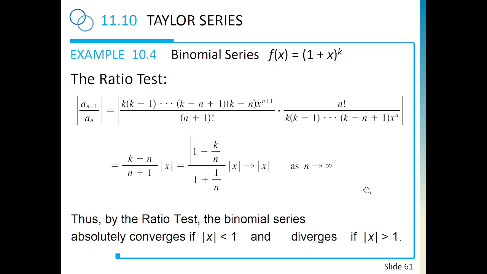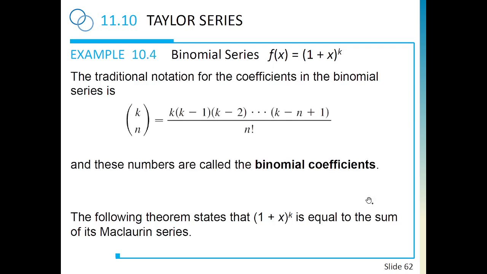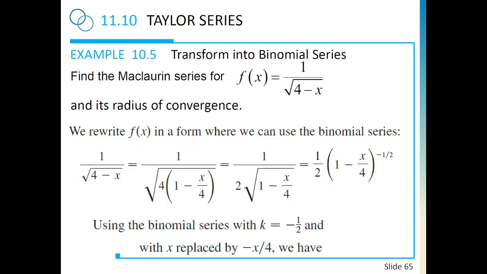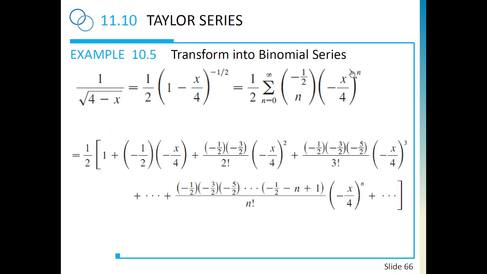You don't need to spend any more time on these binomial series. It can get dirty and complicated for nothing. So we'll focus on more reasonable expressions. Section 10.4 you can ignore completely. Also 10.5 is just an application where we rewrite things in terms of binomial series, so 10.5 you can ignore as well.